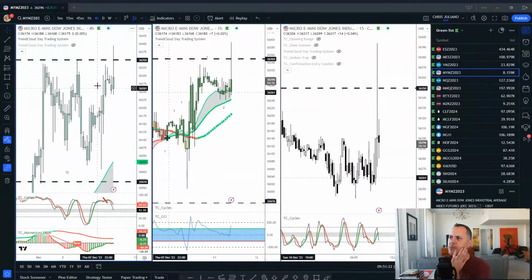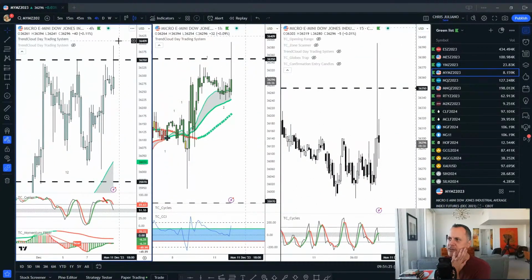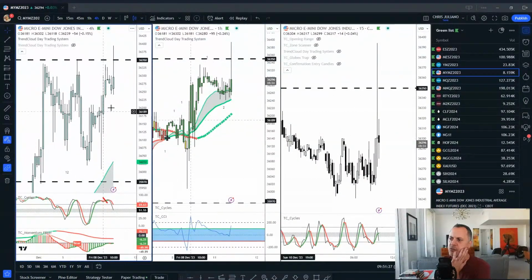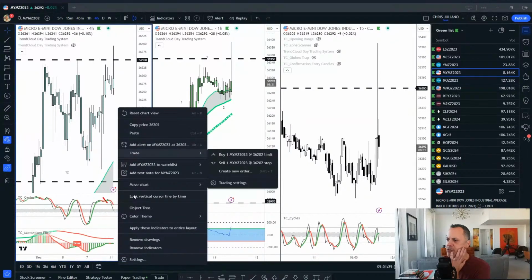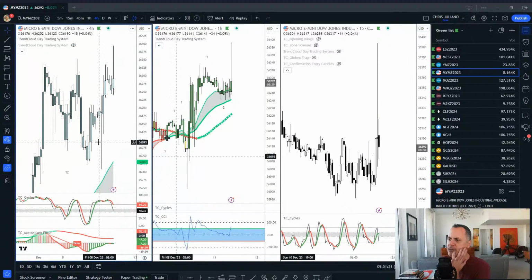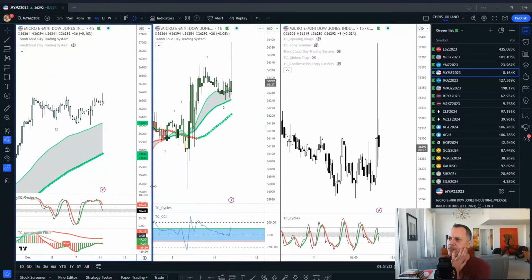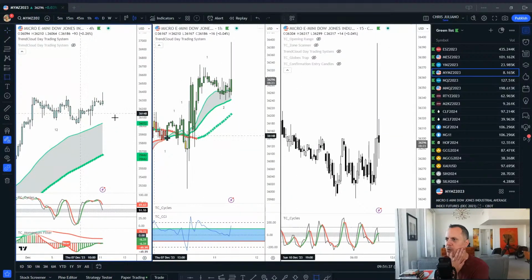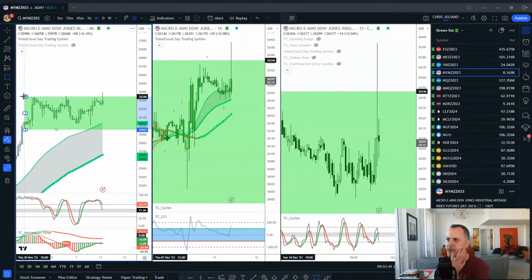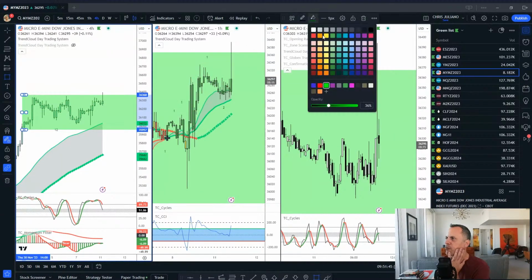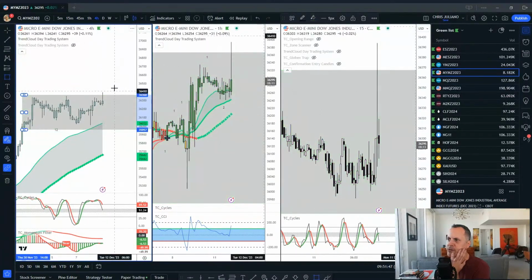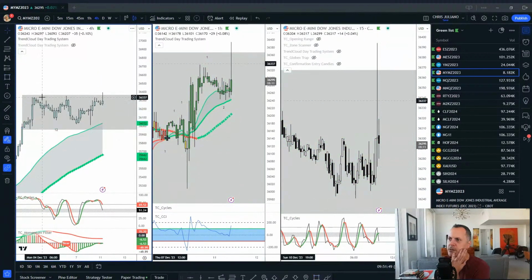The Dow, same thing. We're just starting to break to the upside here. Super extended, right? Super extended on that high time frame. And we're going sideways. All this is sideways movement. All of this, right? Sideways action. Let's make that gray. Sideways movement, I always like making gray.